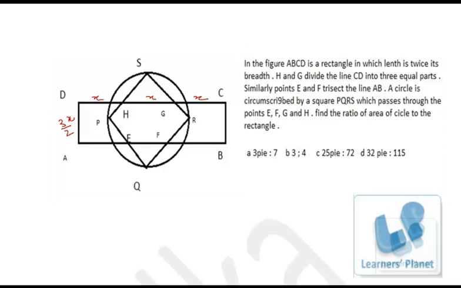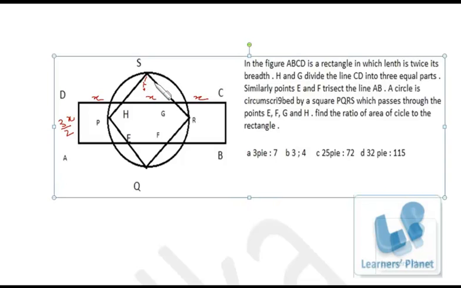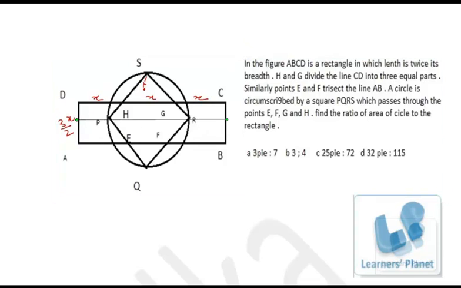We know the area of this rectangle, that is 3x into 3x by 2. Now we have to find out the area of the circle. For that we need to find the diagonal of the square, right? Now for the diagonal of the square, I just draw a line. The diagonal makes a complete angle of 90 degrees, so this angle must be 45 degrees.